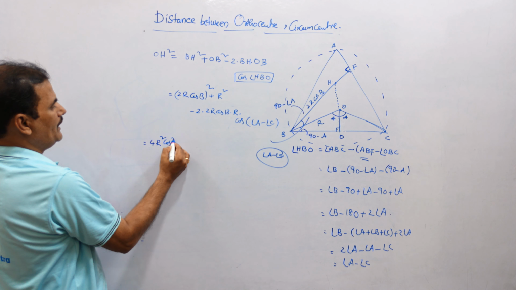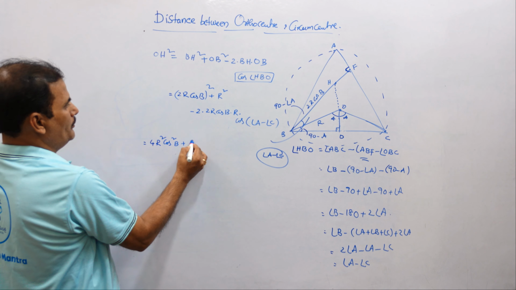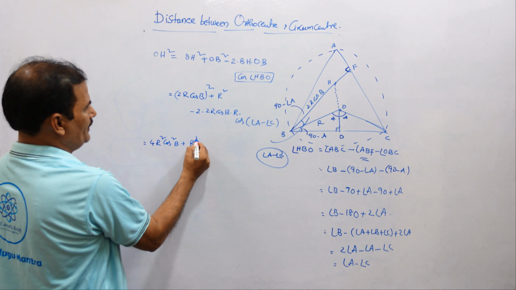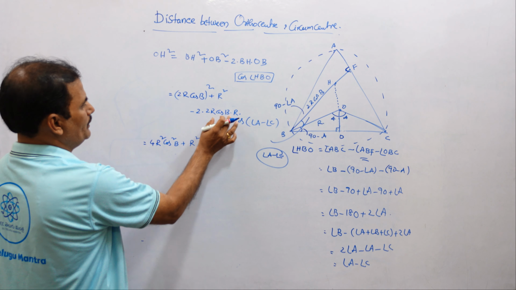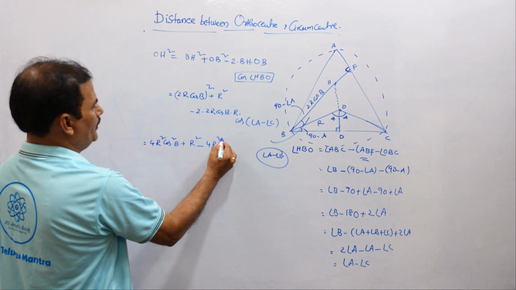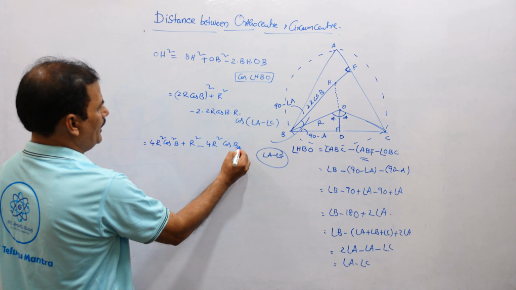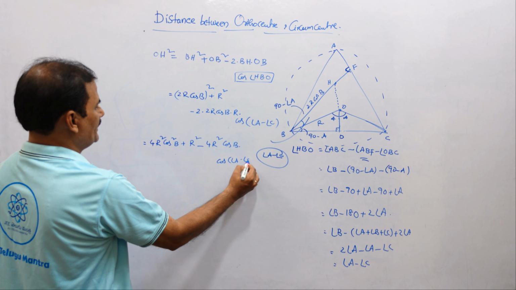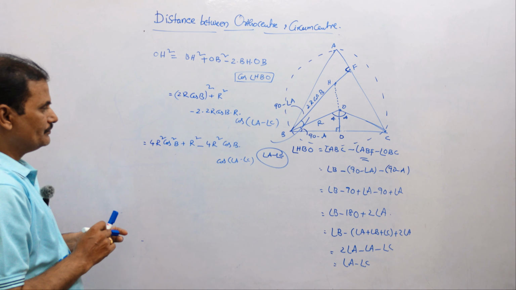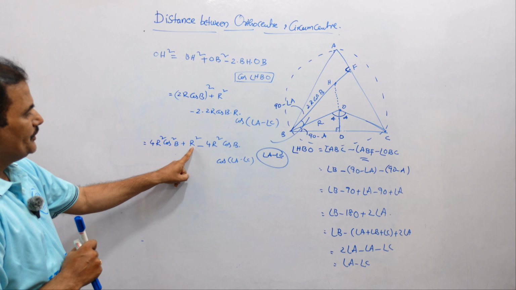Now 2R cos B whole square is 4R square cos square B, plus R square, minus 2 into 2R into R, that is 4R square cos B into cos of angle A minus angle C. Here R square is there.